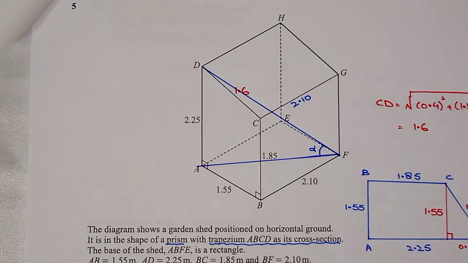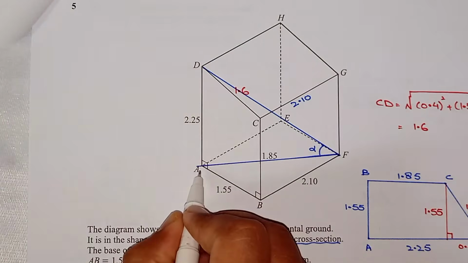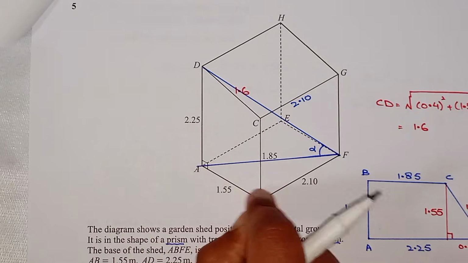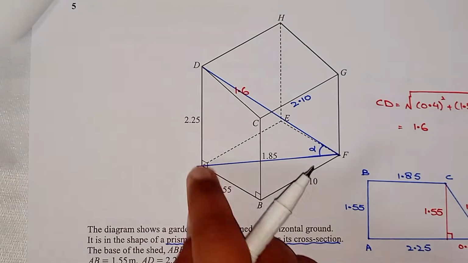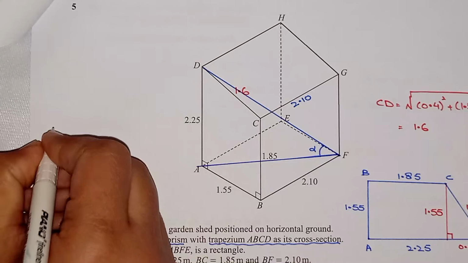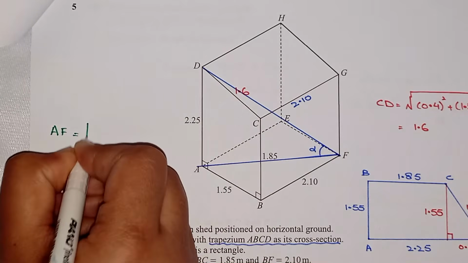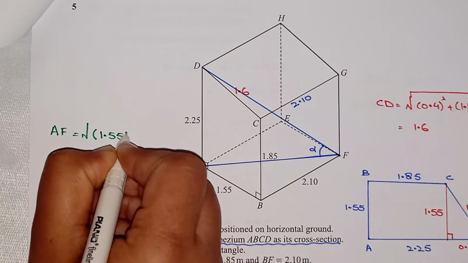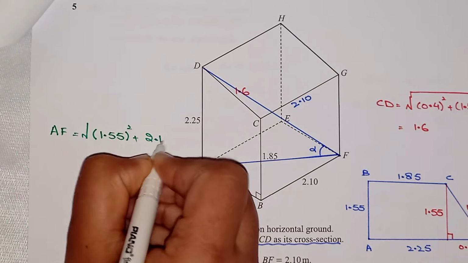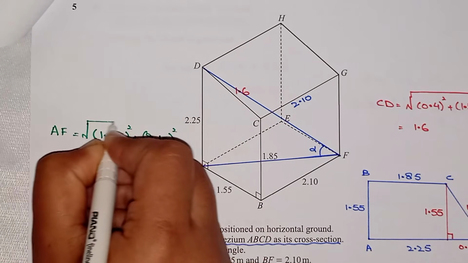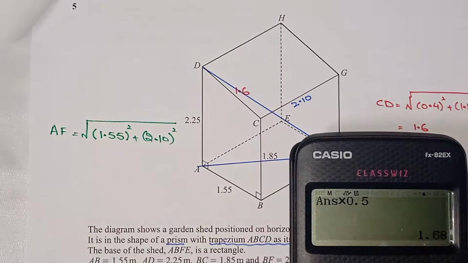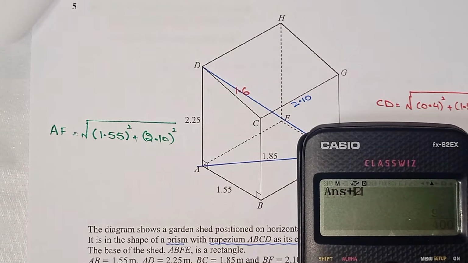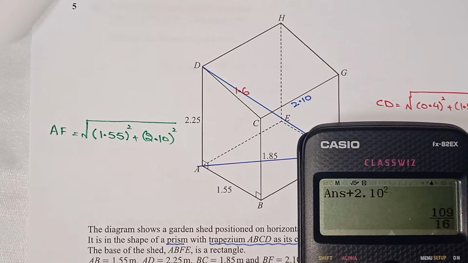We can find the side AF by using triangle ABF, and this is again a right angle. So we can easily find AF. So AF would be square root of, by using Pythagoras theorem, 1.55 squared plus 2.10 squared, and then square root.